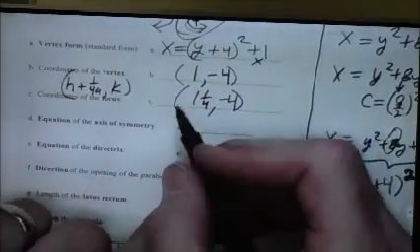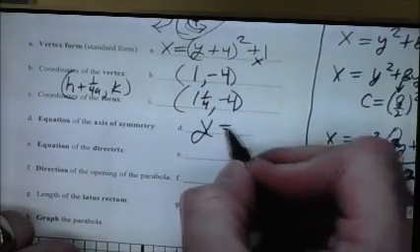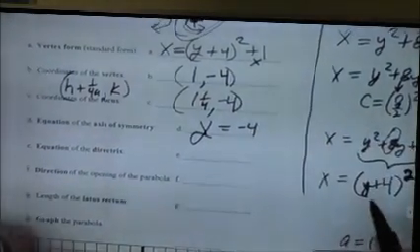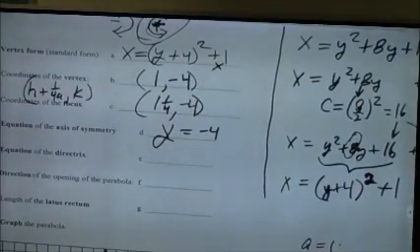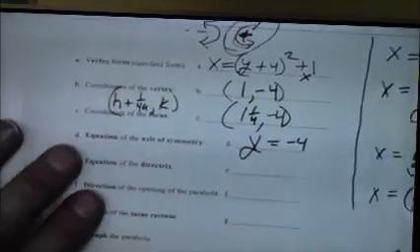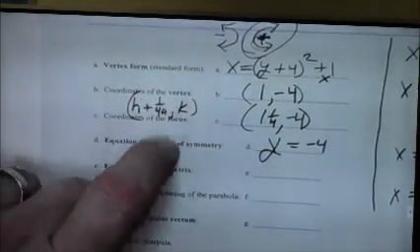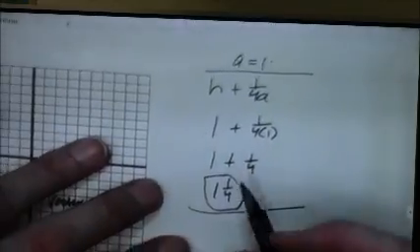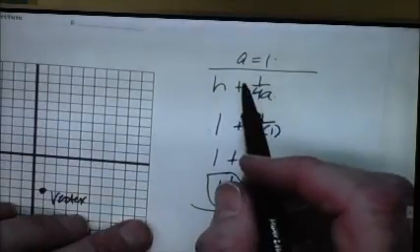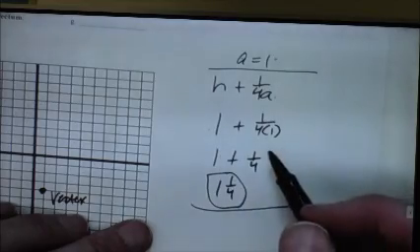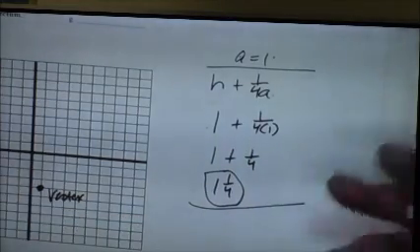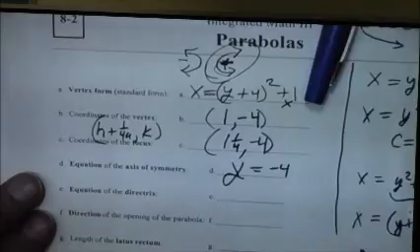That negative 4, you write y equals negative 4, because it's a horizontal line, a y value. For the equation of the directrix, just do the opposite here. Minus, minus, minus, minus. So if it was 1 minus 1/4, it would be 3/4. So that's all it is. It's x equals 3/4.